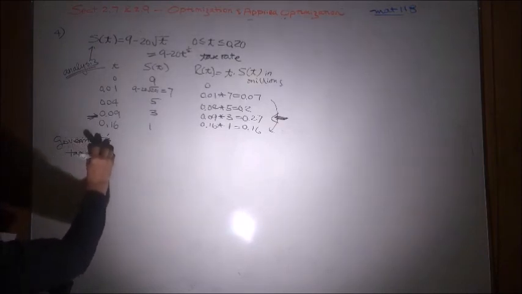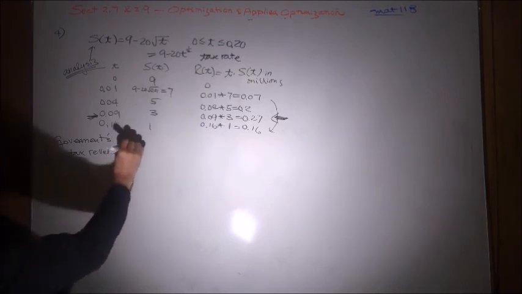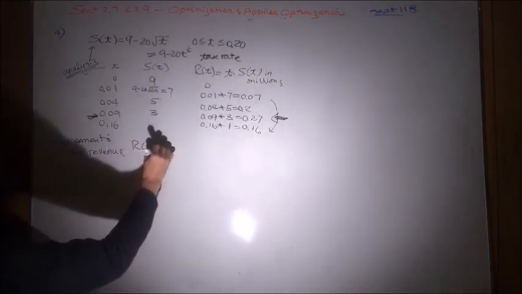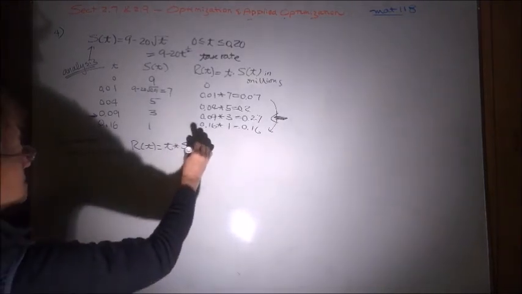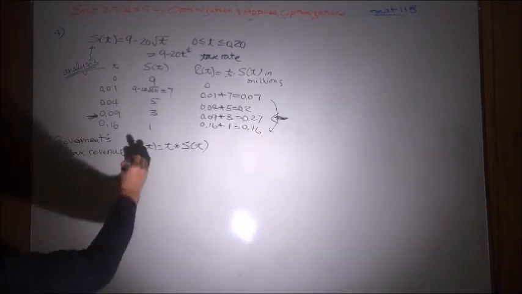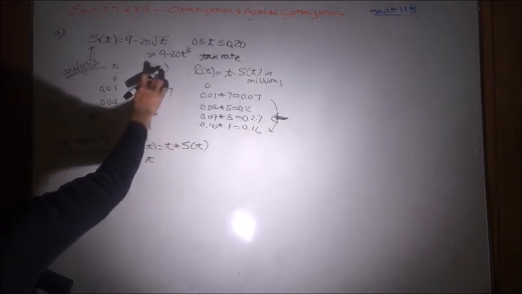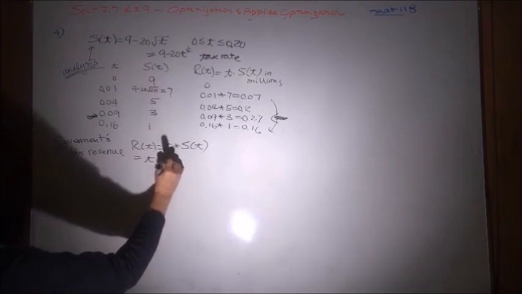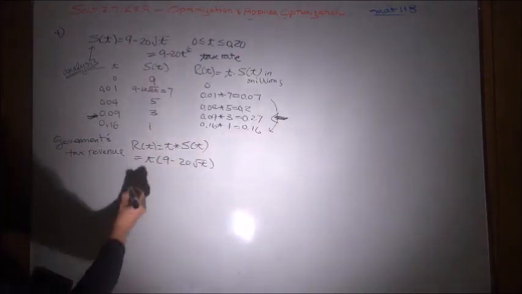The government's tax revenue would be its rate times its sales, right? That would be T times S(T). S(T) is this guy, 9 minus 20 T to the half.